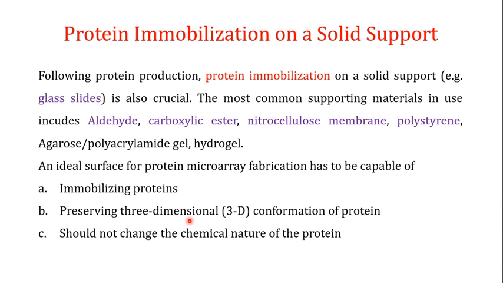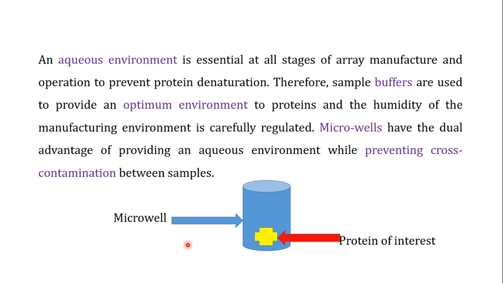The solid support should also not change the chemical nature of the protein, because if the chemical nature of the protein is changed, again it will not interact with its target in the sample, and you can actually get false positive or false negative results. Now, one of the important things about the protein chip, which makes it different from the DNA chip, is that there are microwells present on the protein chip.